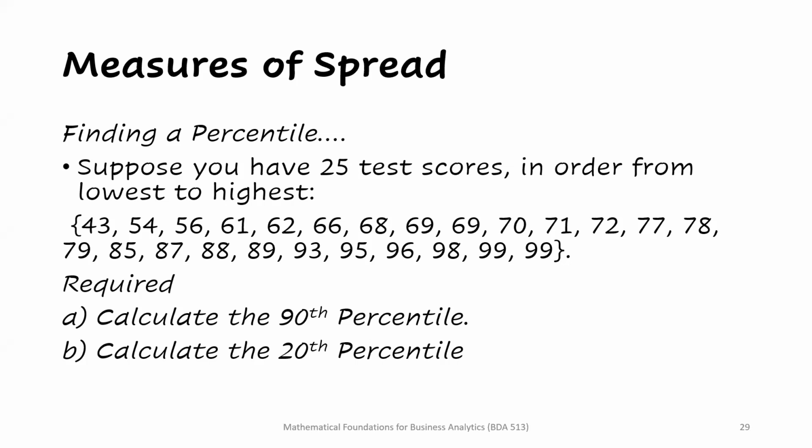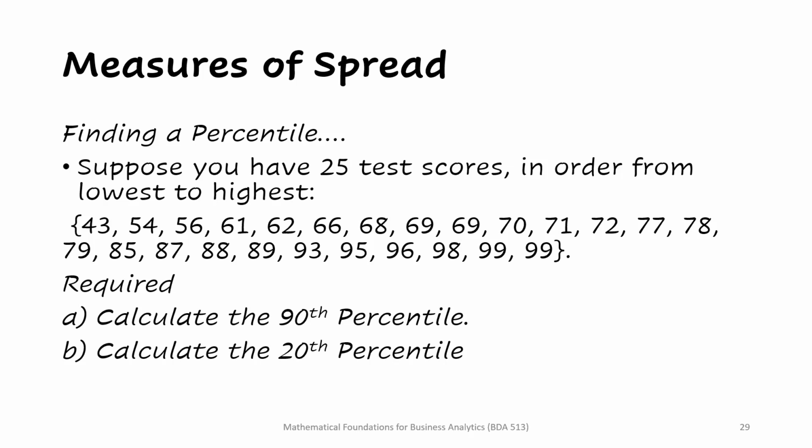Did you all get the same thing? The 75th percentile was 89. Can you take us through how you calculated the 75th percentile? And then another person will take us through the 25th percentile. Yes, please. Okay, for the 75th percentile, I multiplied 0.75 by 25.